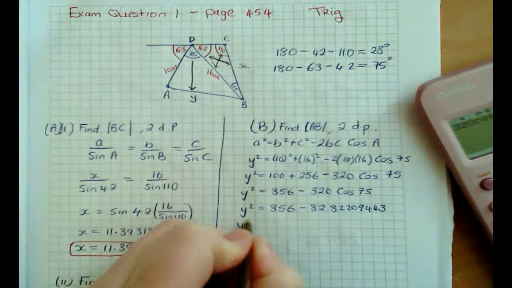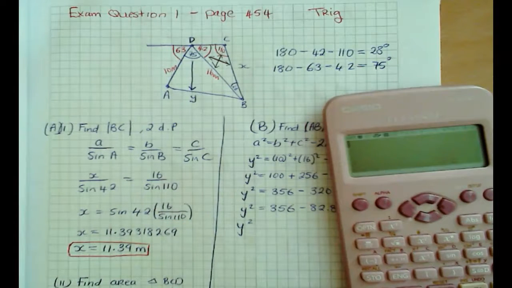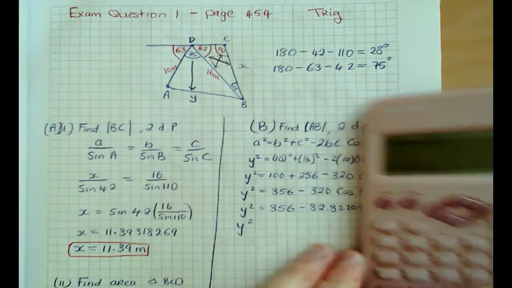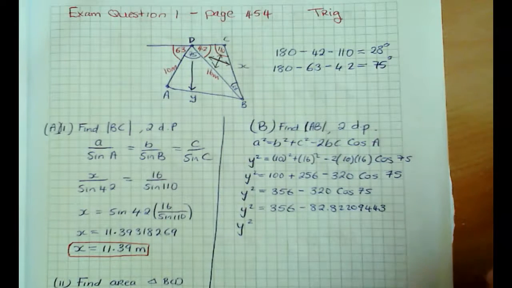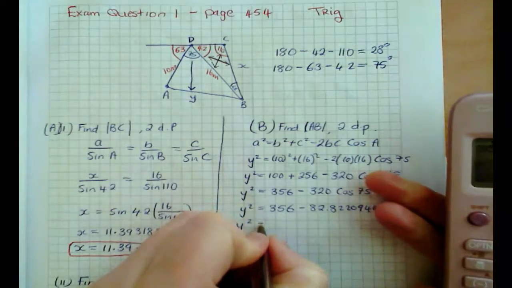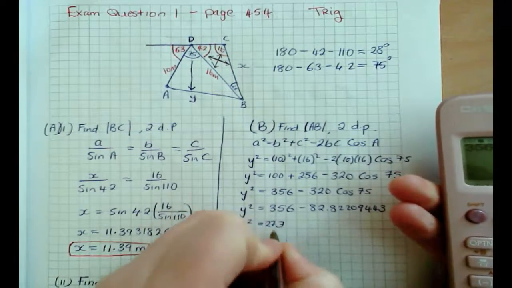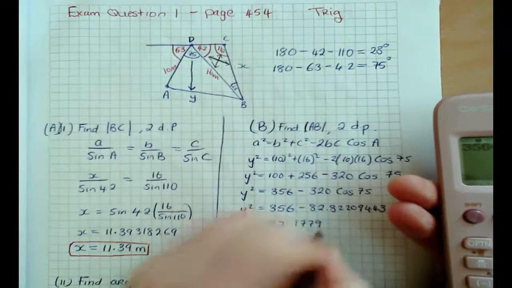So y squared is then equal to 356 take away 82.822094443, and we're getting 273.1779.